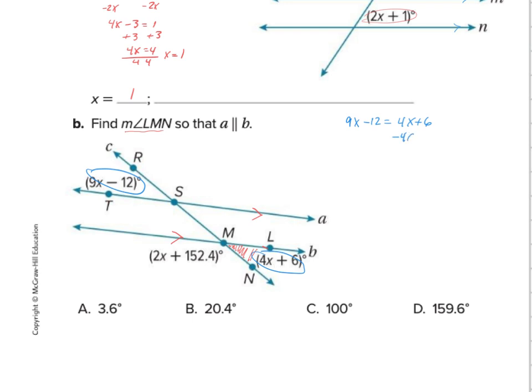Again, inverse operation. Subtract 4x from both sides because I'm combining like terms. 5x minus 12 is equal to 6, plus 12. 5x equals 18. Divide both sides by 5, the coefficient, and x is equal to, I don't know that we necessarily need to simplify that out.